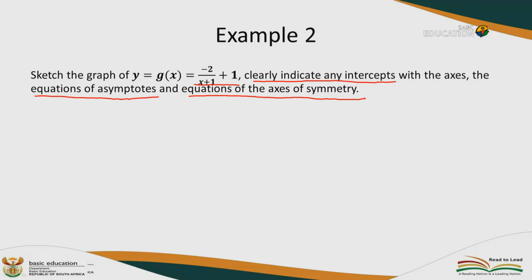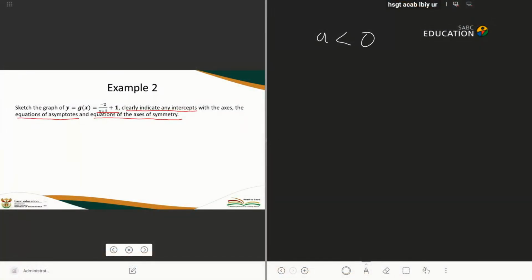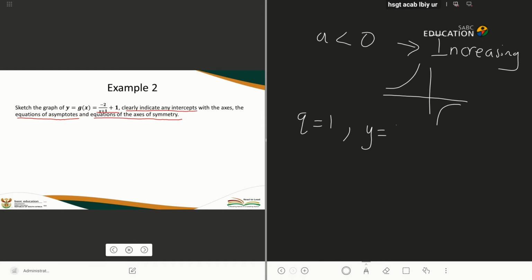All right, so now if we analyze our equation, we can clearly see that our a is less than 0, because a is negative 2. So what does it mean? It means an increasing function. And it also means that our graph is going to be in the second quadrant and the fourth quadrant. We can clearly see that our q is 1, so the horizontal asymptote will be y equals 1.